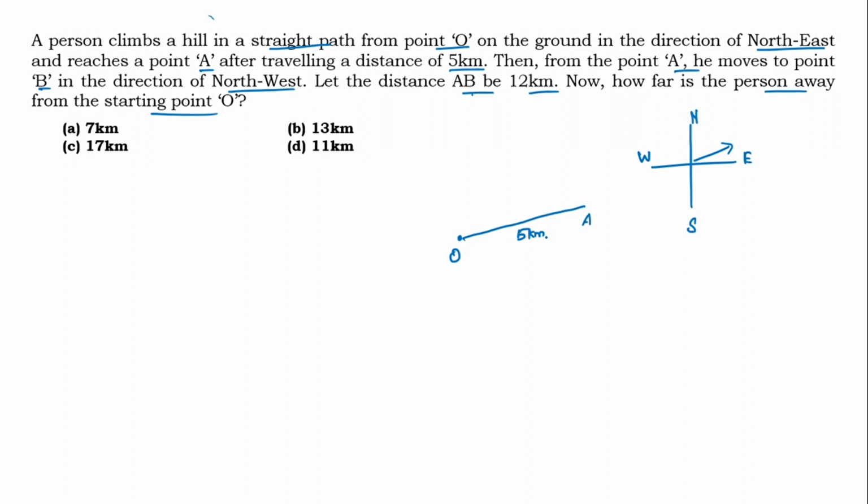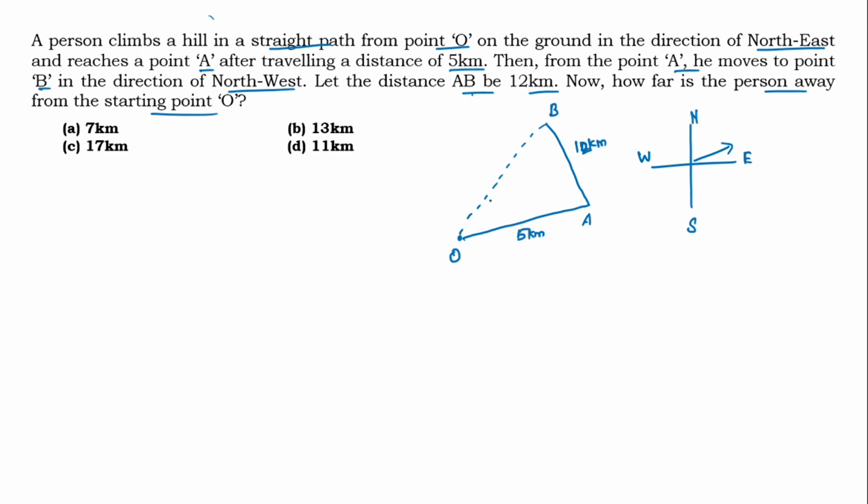Then he moves to the point B in the direction of northwest. Let the distance between A and B be 12 kilometer. Now how far is he from the starting point O?